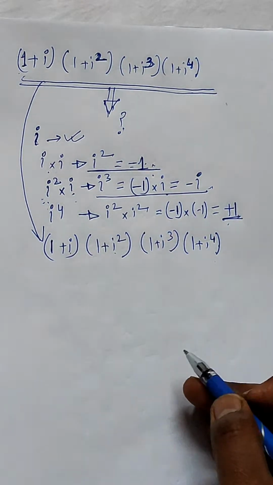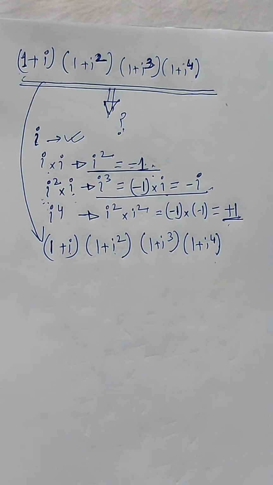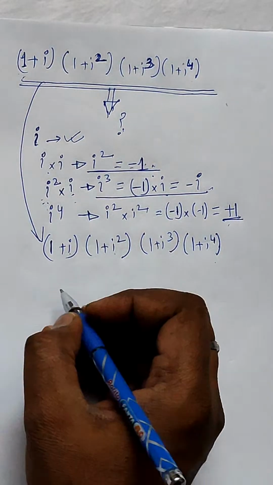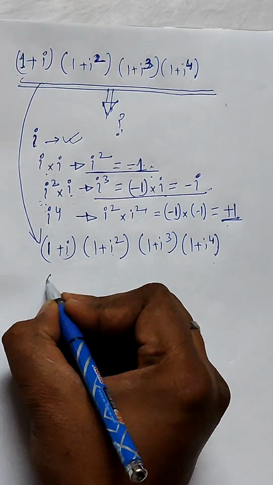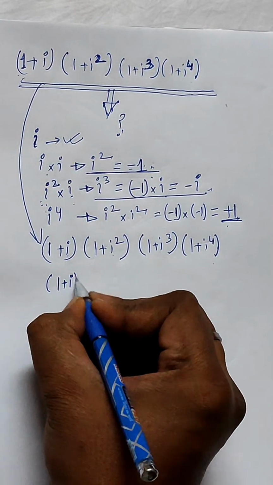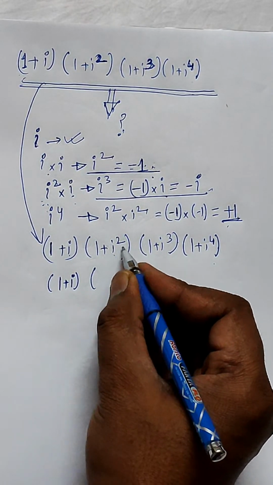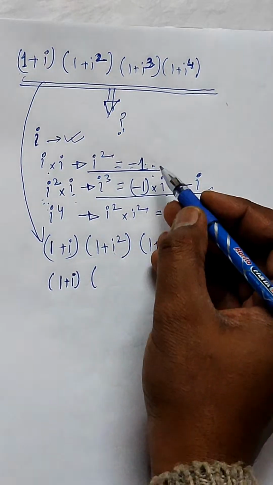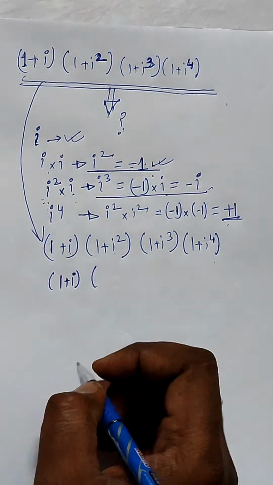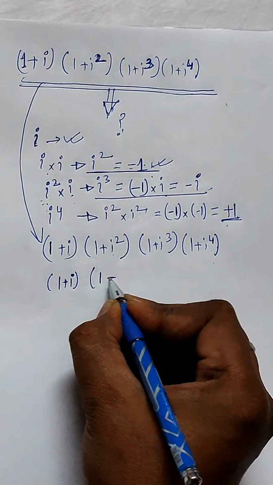Now in such a case, whenever you put the values over here, you get 1 plus I into 1 plus I square. The value of I square we are taking from here, minus 1. So this will be 1 minus 1.